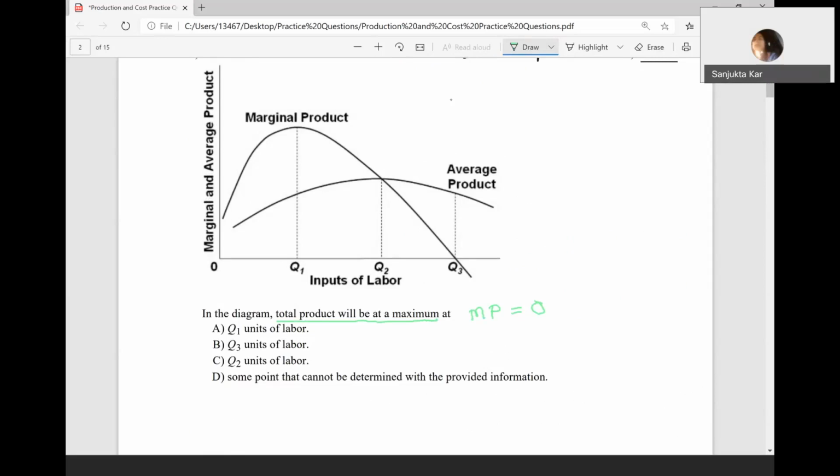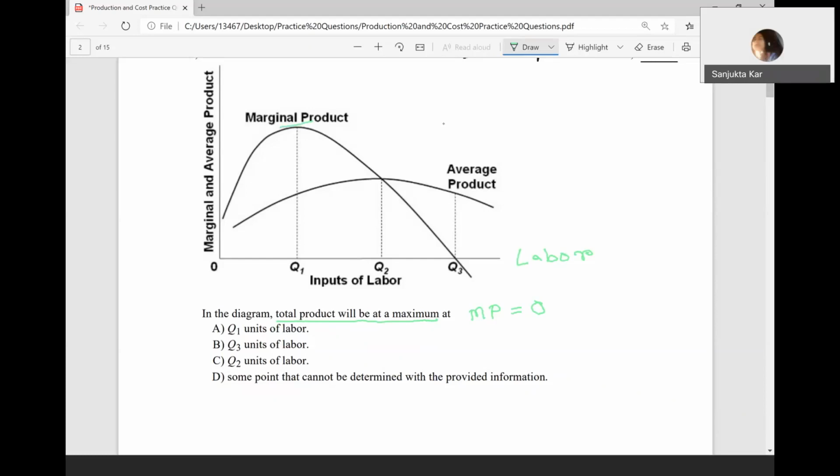On the horizontal axis, we are measuring the units of labor. On the vertical axis, we have the marginal product and the average product. And as you can see here, the marginal product increases, reaches a maximum point, and then it goes down.